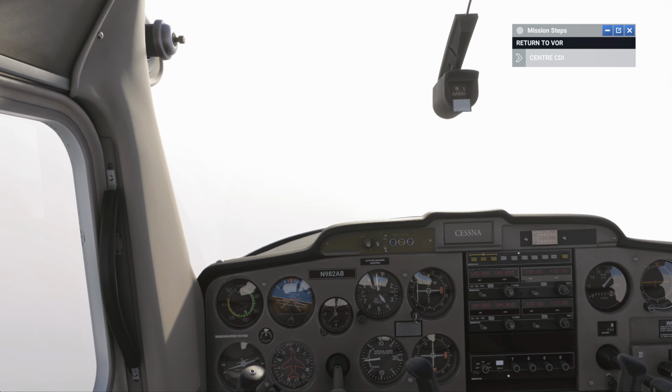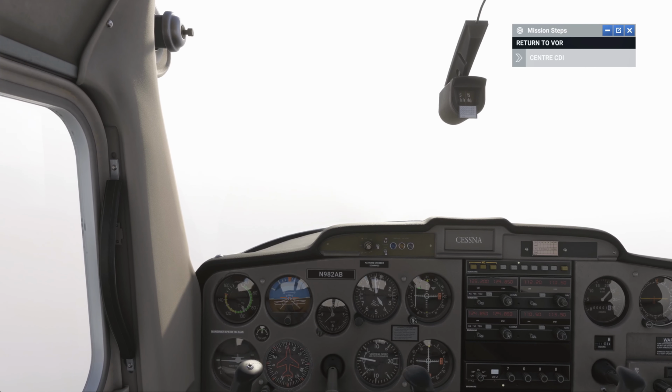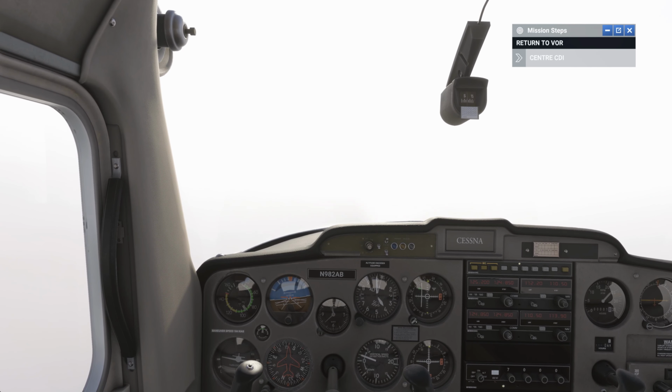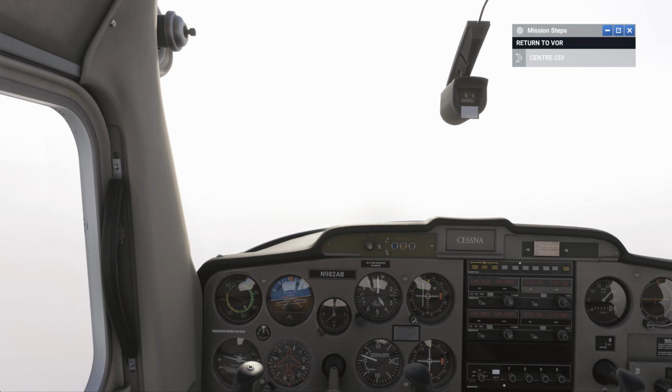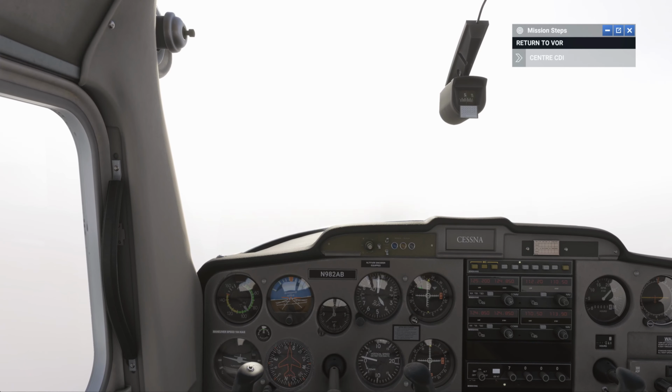Whoops, going off course here, I was distracted by turning the VOR needle that I forgot.